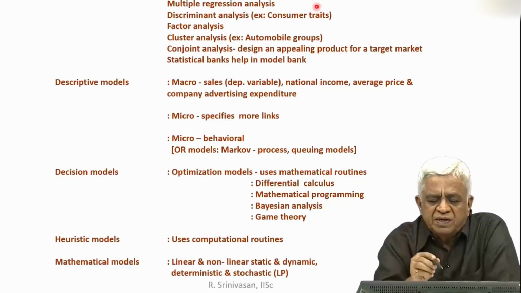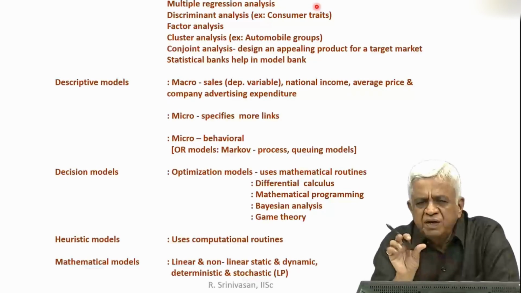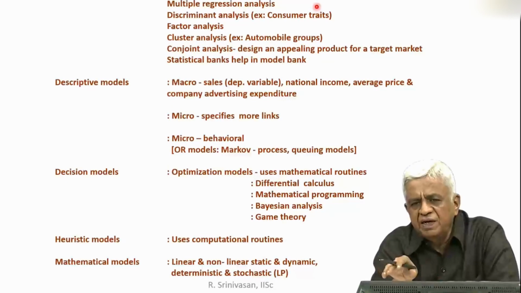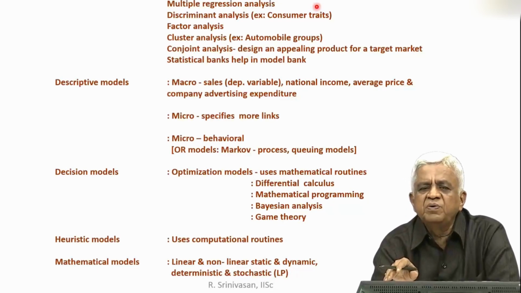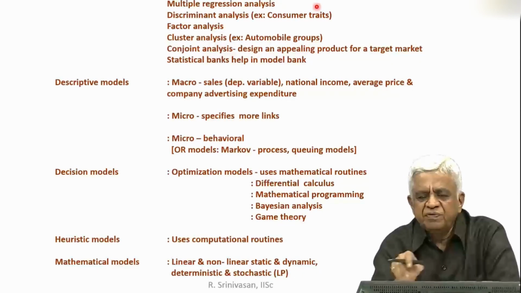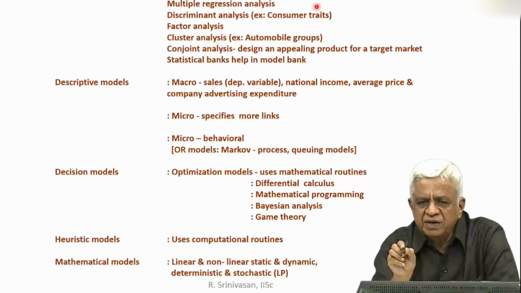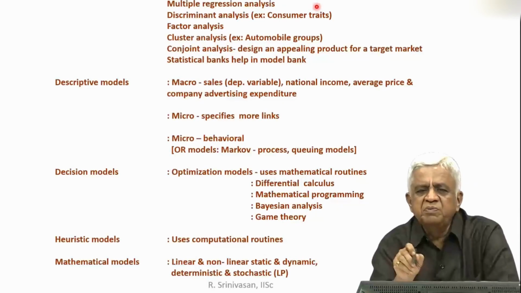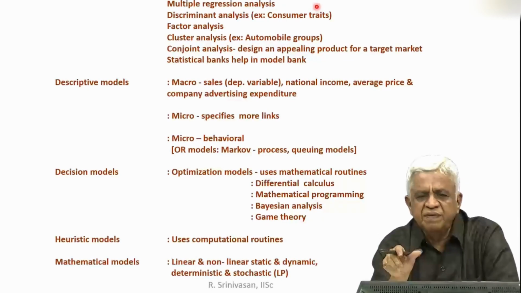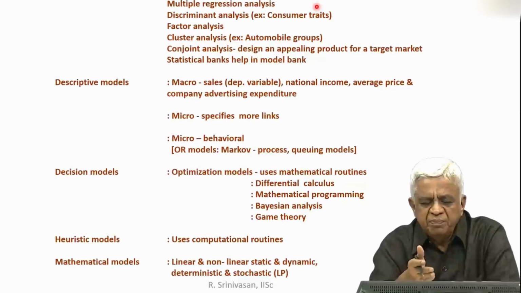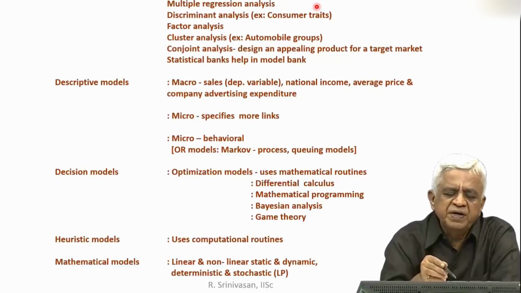So in this factor analysis, instead of the single independent variables, we group them into factors, because all variables which are concerned with price, we group them under one factor, say factor 1. All variables concerned with income, we group them under one more factor, say factor 2. Again, the dependent demand is explained in terms of different factors.